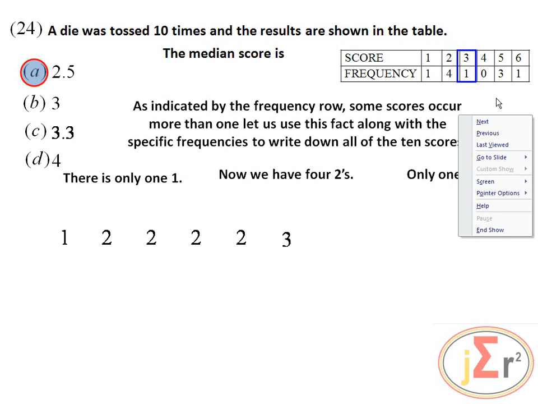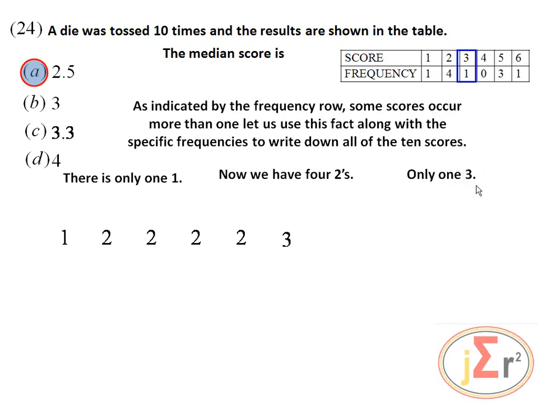What do we have here? 4 is occurring 0 times? No time at all. So we do not have any 4. So we move merrily on to the 5s, and we have 3 of them.